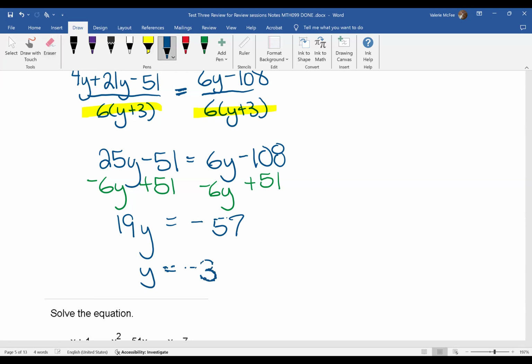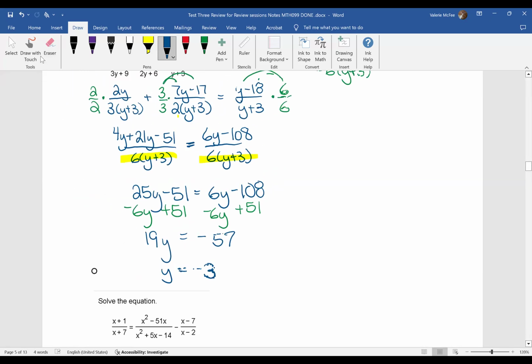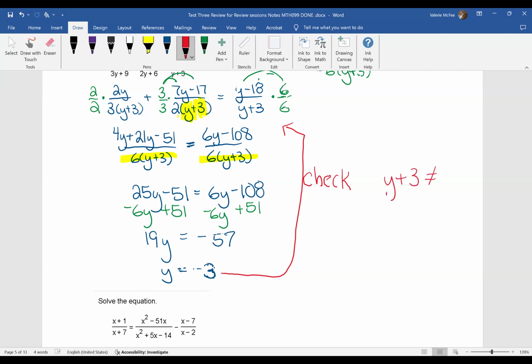When you're solving a rational equation, an equation that has a variable in the denominator, you have to check. When I look at the denominator, I see that y plus 3 can't equal 0.